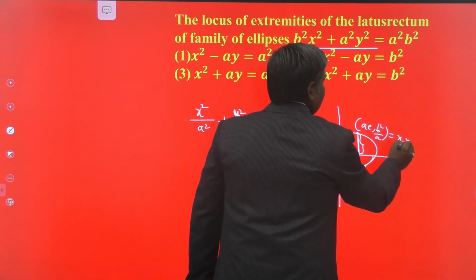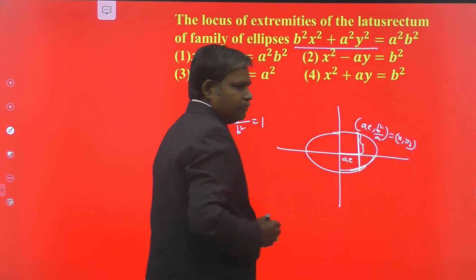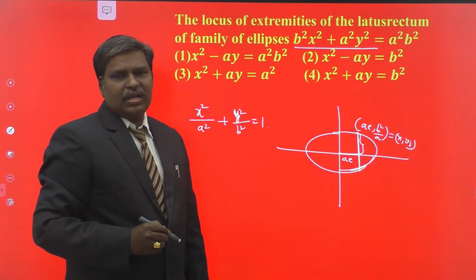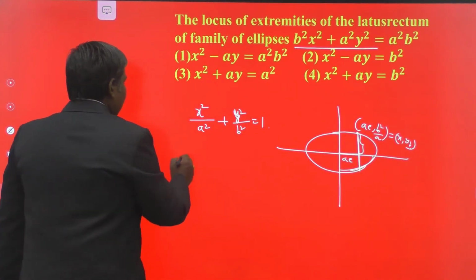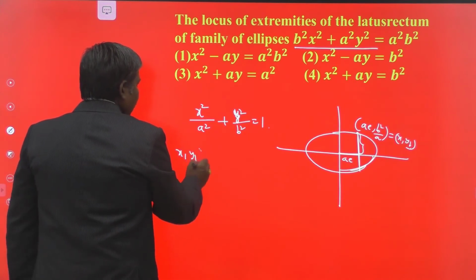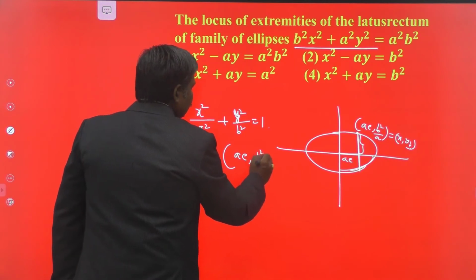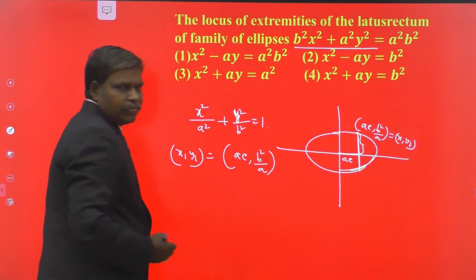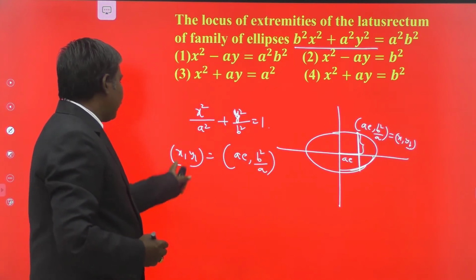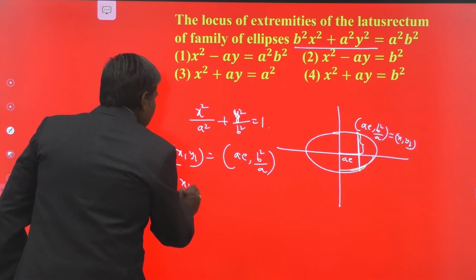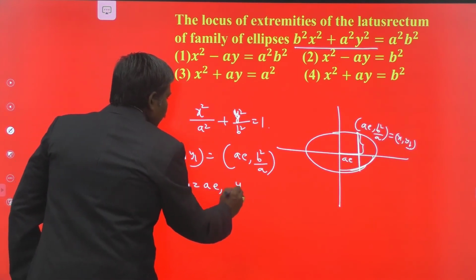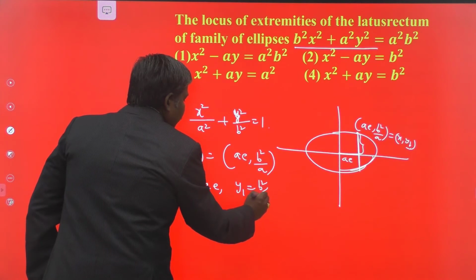Let us say x1 comma y1. So x1 is AE, y1 is b square by A.